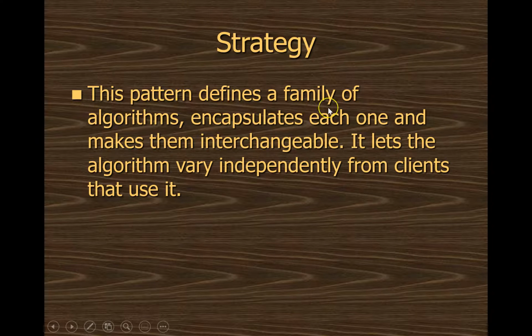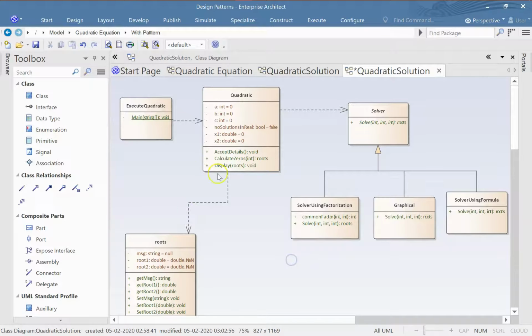So what does this pattern actually say? This pattern defines a family of algorithms, encapsulates each one and makes them interchangeable. It lets the algorithm vary independently from clients that use it. Again, this can be done in different ways. It could happen that which method to use is stored in a registry entry or a configuration file.